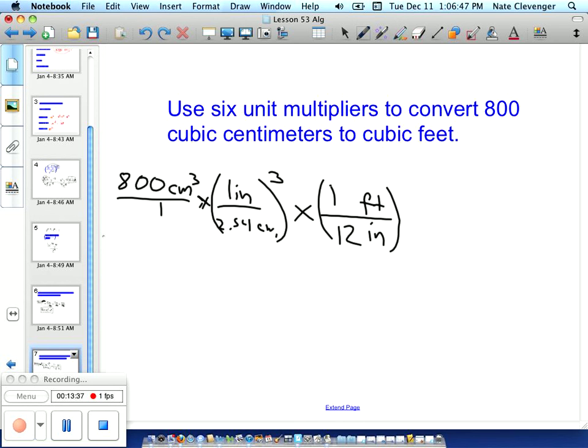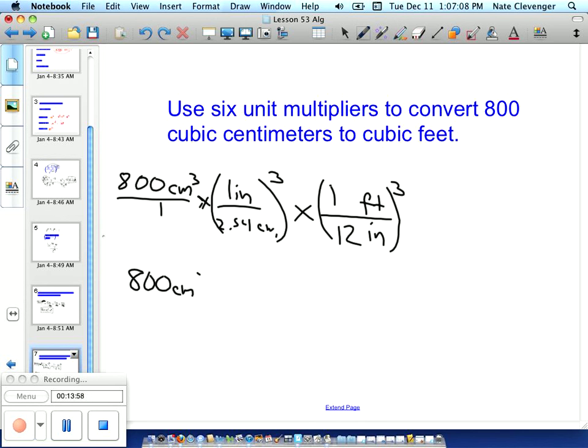So there's 12 inches to 1 foot, and we would need to do that 3 times. Maybe there's a connection between the power theorem and this lesson. When we distribute through, or take our power theorem, 1 to the 3rd is still going to be 1.